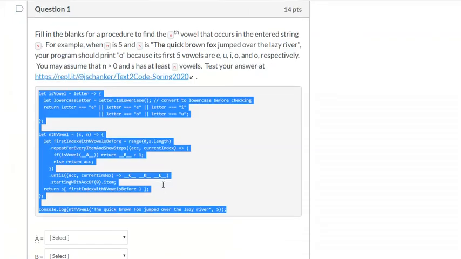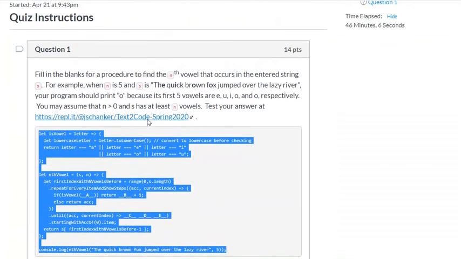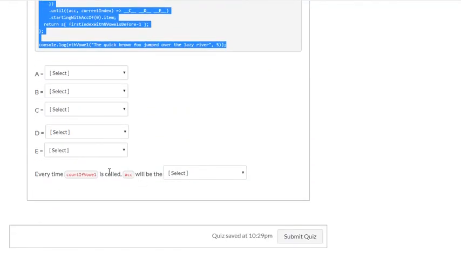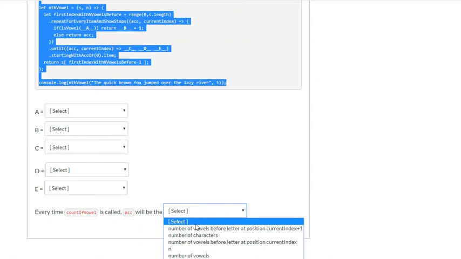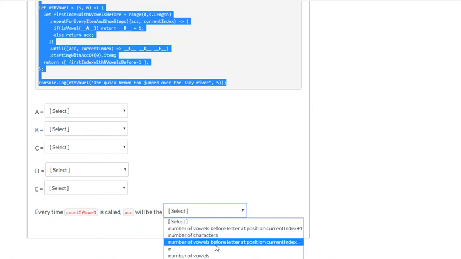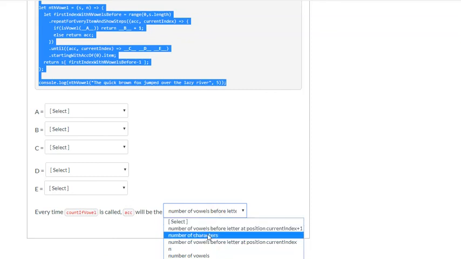Just to complete this, the last thing was asking you what I basically was telling you. Every time countif vowel is called, ACC will be, in the original setup, the number of vowels before the letter at position current index. And just to bring out why some of the other answers wouldn't work: number of characters always staying the same, that's not what the accumulator is.